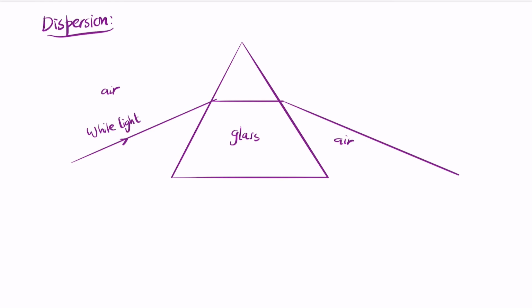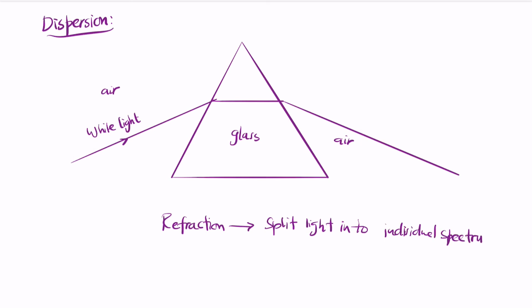white light, when it hits at a refraction, can split light into individual spectrum. How does it do that? By the process of dispersion. Dispersion is the process by which the light rays disperse into individual wavelengths.